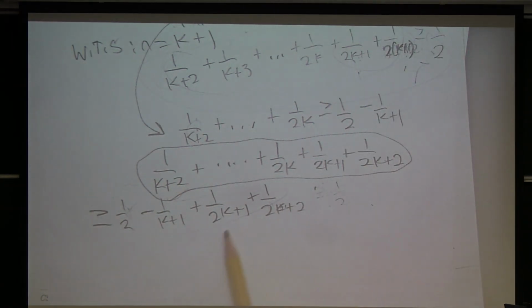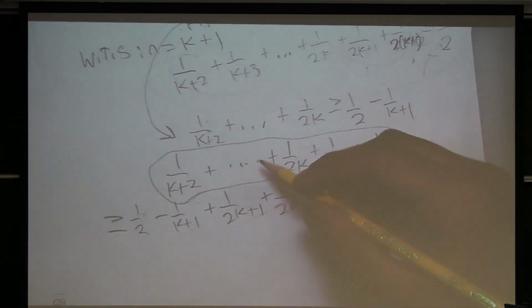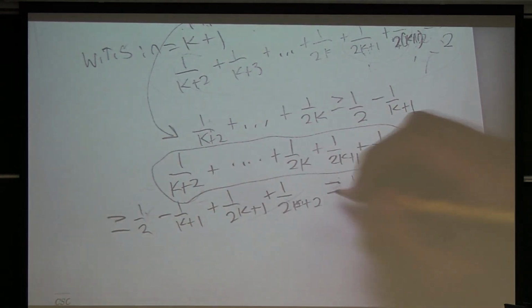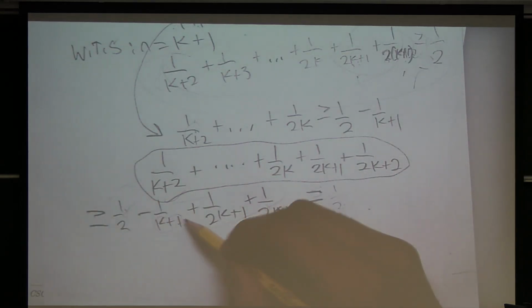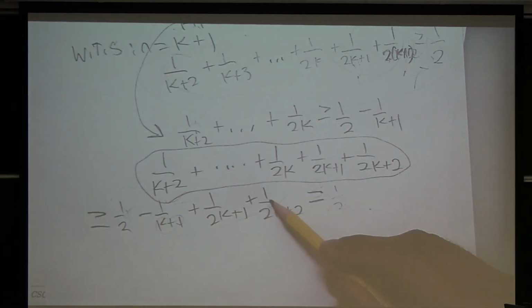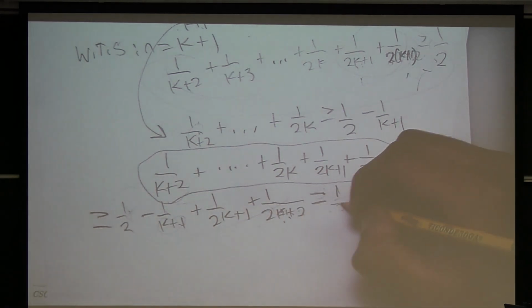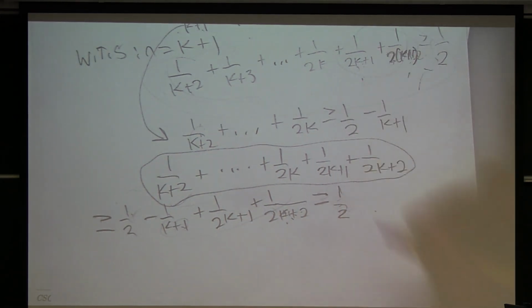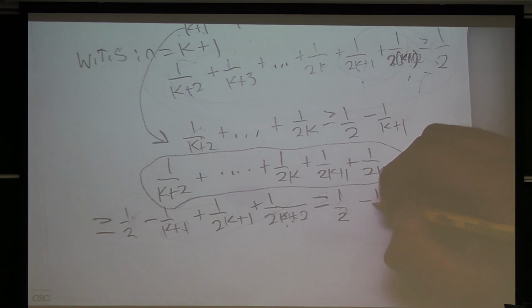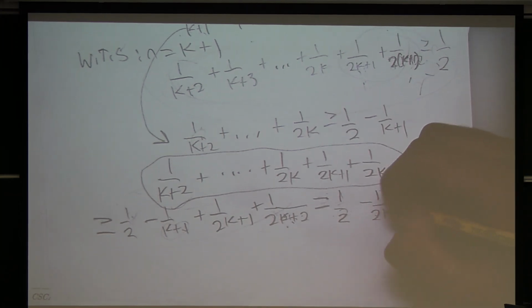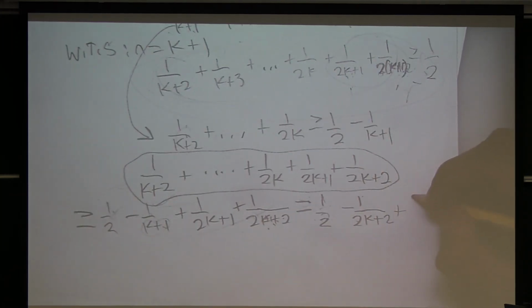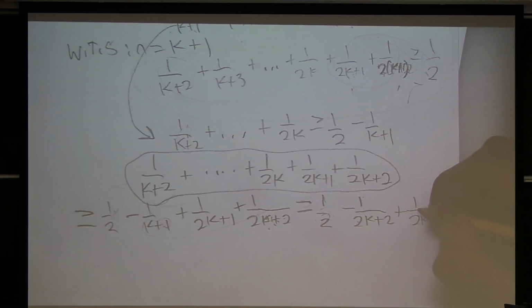Let's try to simplify the terms with k's in the denominators. So this is equivalent to, as we can see, this is k plus 1. This is 2 times k plus 1. So we can rewrite this as 1 over 2 minus 1 over 2k plus 2 plus 1 over 2k plus 1.